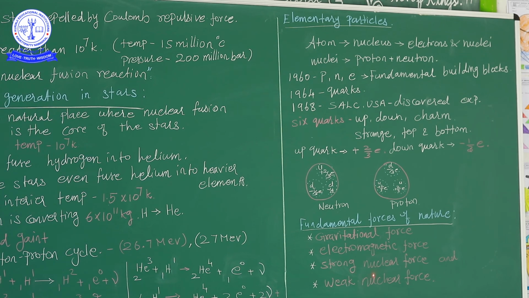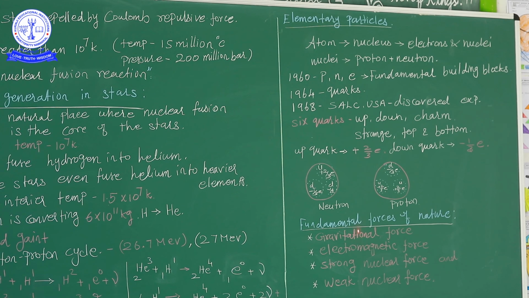It releases energy in the nuclear fusion process. The weak nuclear force will act in the proton-proton cycle. So in fusion, hydrogen becomes helium in the sun. There is energy, that means the nuclear forces.